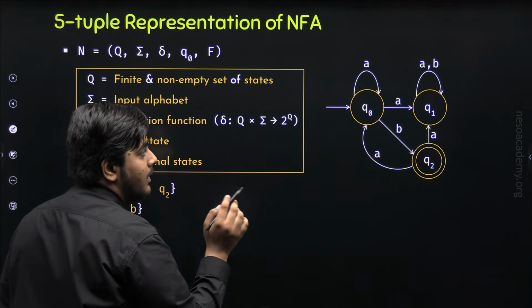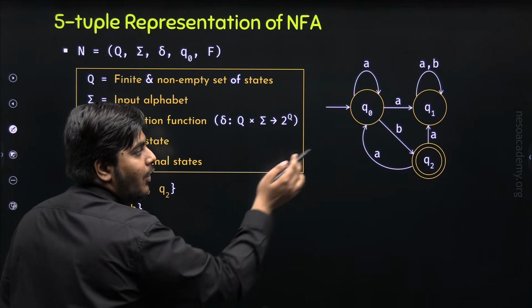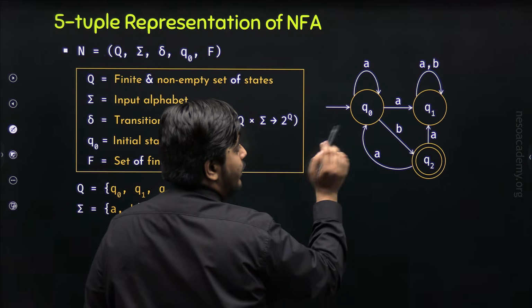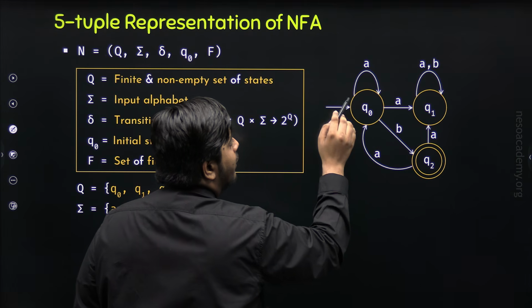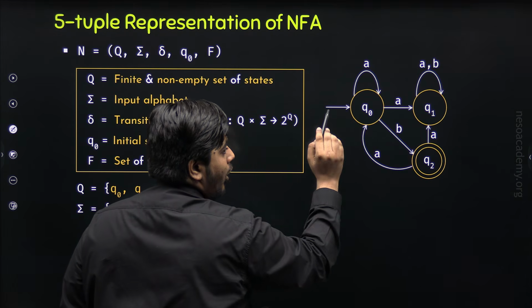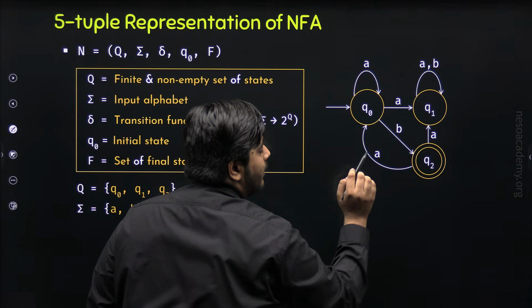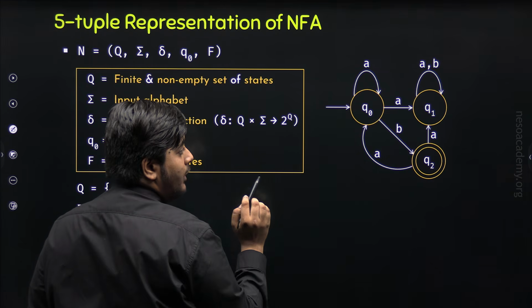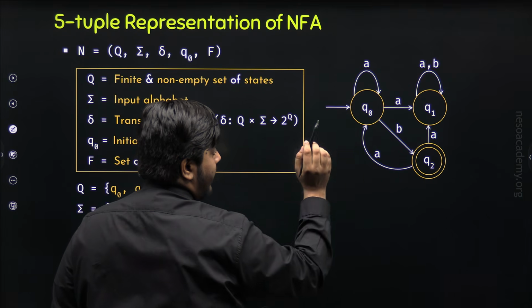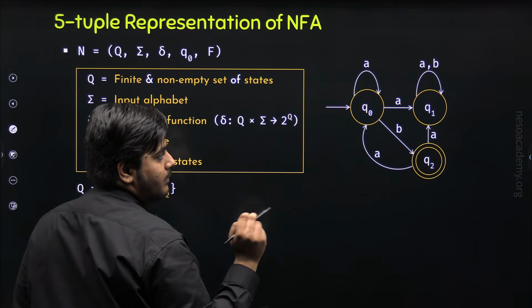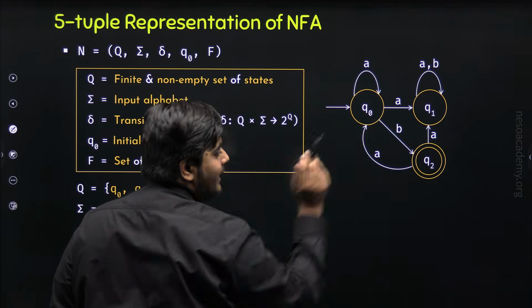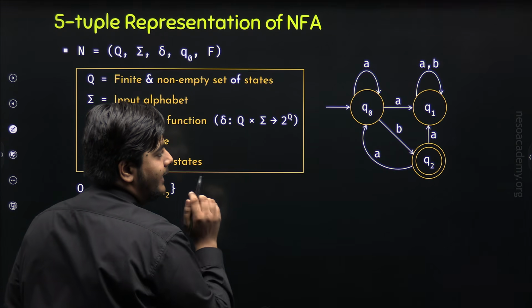But in case of NFA, there can be multiple next states, and that is why we have the set of next states. Now let's take an example from this diagram. You can see Q0 on A gives Q0, and Q0 on A also gives Q1. So if the current state is Q0 and the input symbol is A, there are 2 next states possible, Q0 as well as Q1. So let's write it.